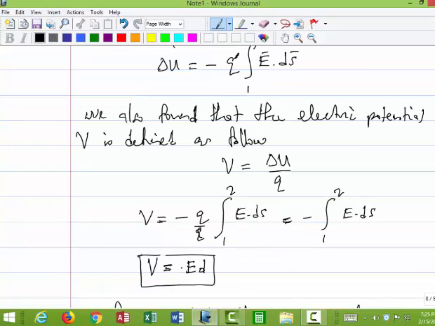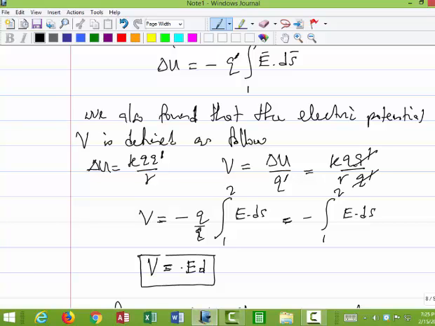So the potential energy delta U is going to be KQ Q prime over R, and the potential is going to be the potential energy over Q prime. So it's going to be KQ Q prime over R times Q prime.